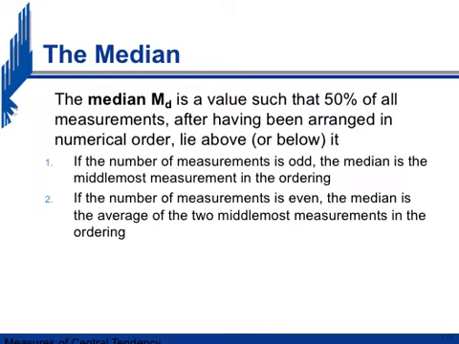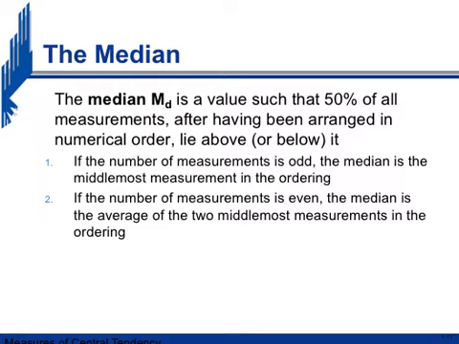So the sample mean, or the mean, is just the simple average of the dataset. The median, on the other hand, is another measure of central tendency, wherein the median refers to the value such that 50% of all measurements lie above or below it. So this is literally the center of the dataset. You have an equal number of measurements lower than the median and bigger than the median.